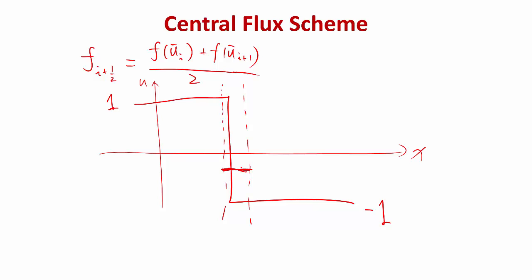And now the problem arises. If we take the flux over here, it is not equal to the flux on the left-hand side, it is not equal to the flux on the right-hand side. Actually, the flux on the left-hand side and right-hand side are both equal to half of u squared, which is equal to half on both left and right.